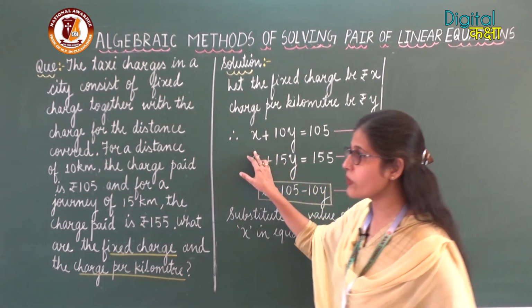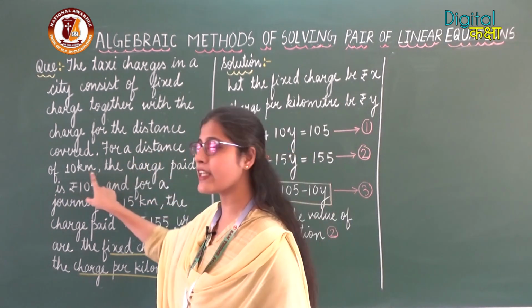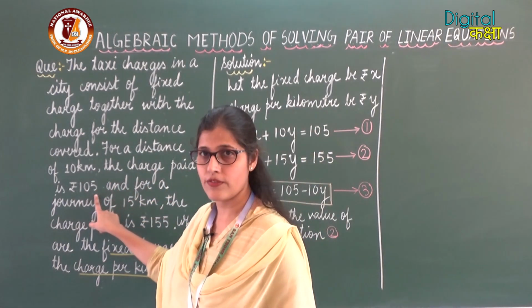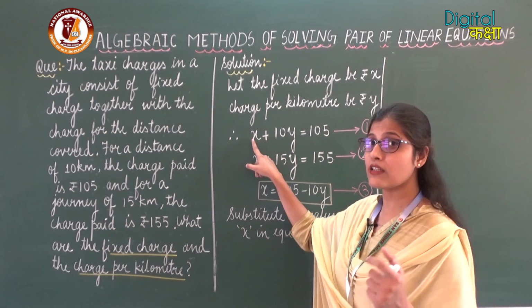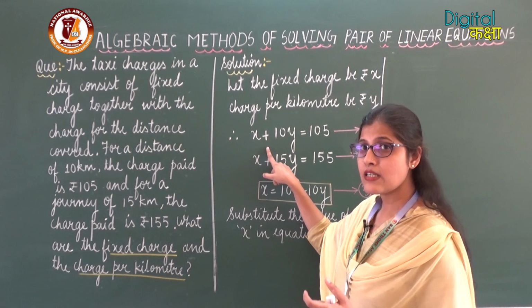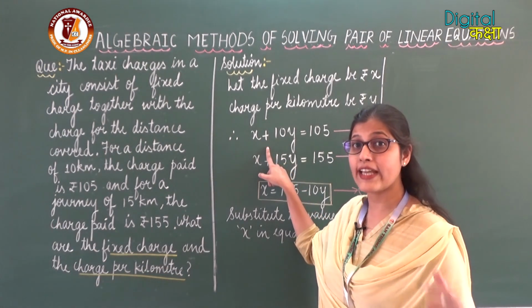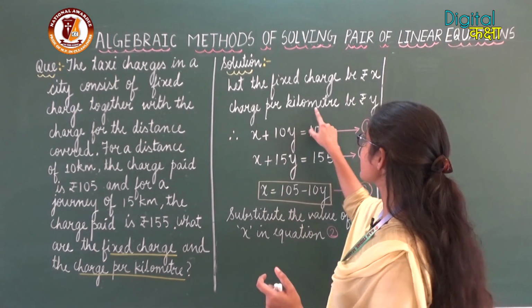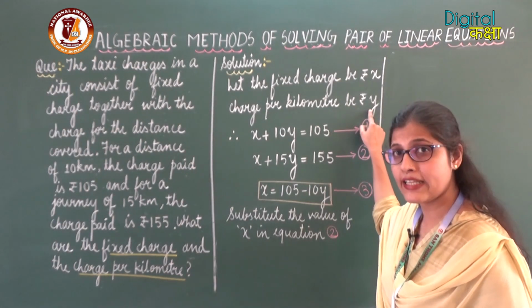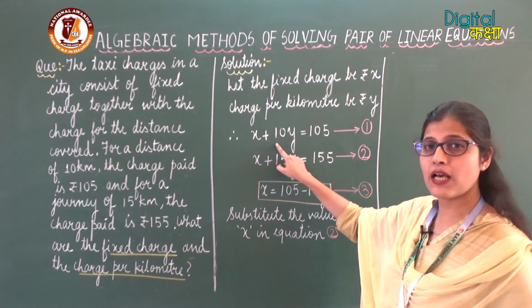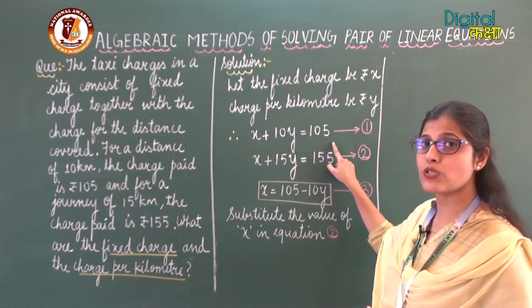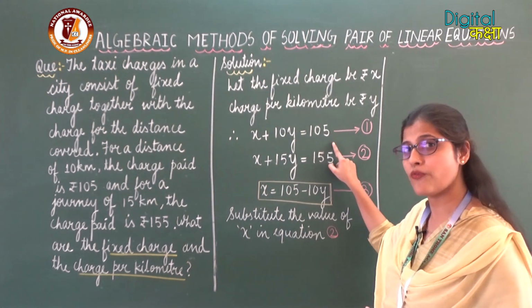According to the question, for a distance of 10 km, the person is paying rupees 105. So, he has to pay the fixed charge, that is x we have considered, plus since he is travelling a distance of 10 km, whatever is the charge of 1 km, we will multiply it by 10. So, it will be x plus 10y, and the total amount will be equal to rupees 105.